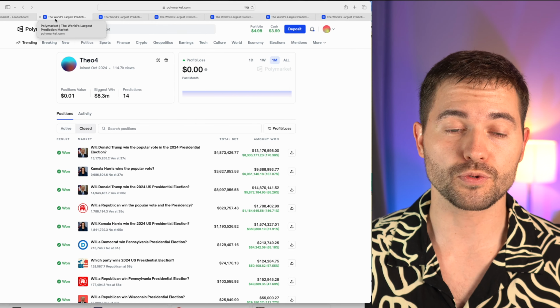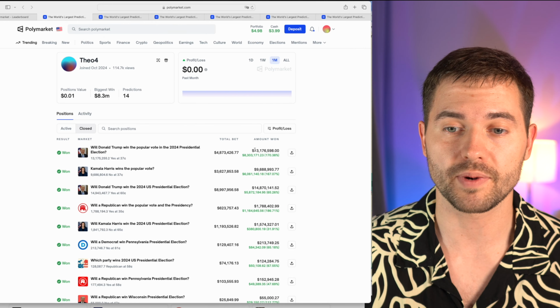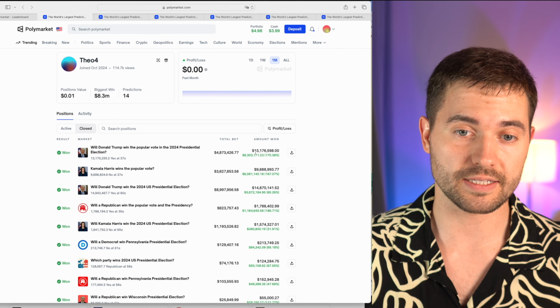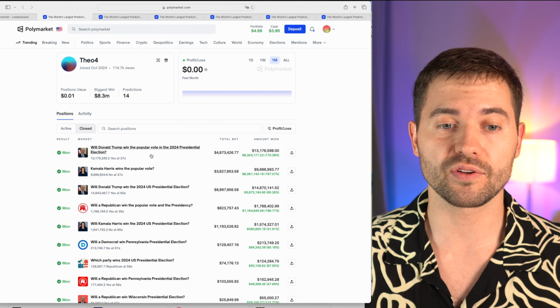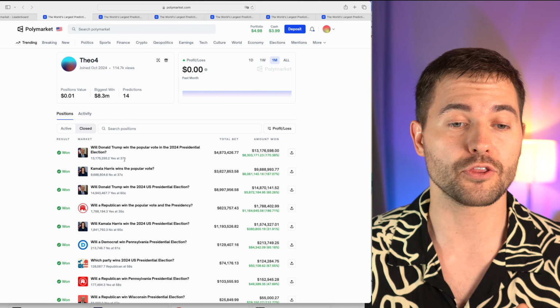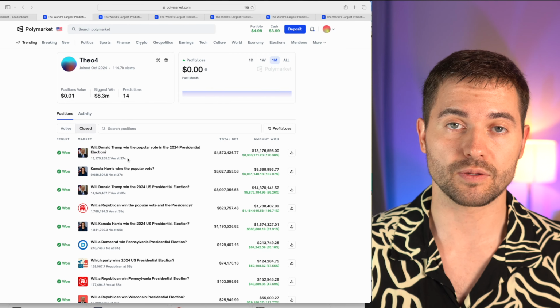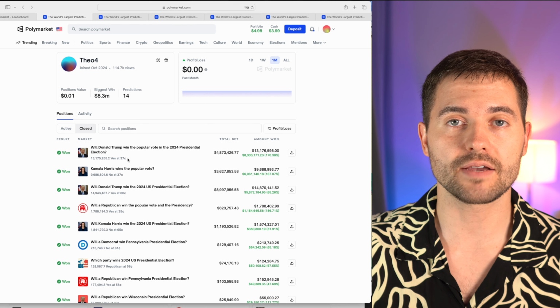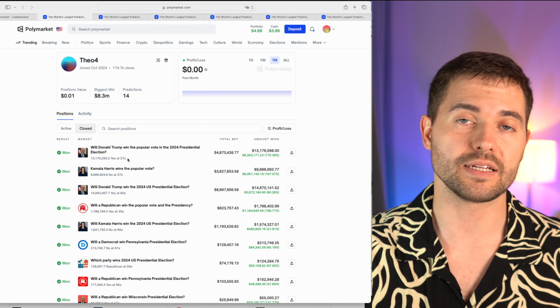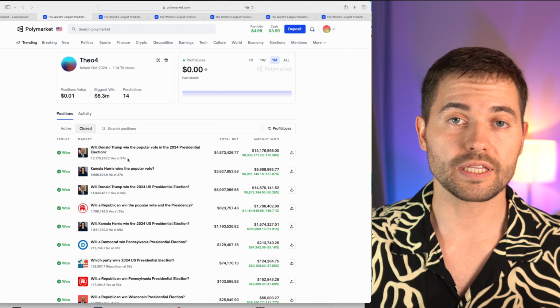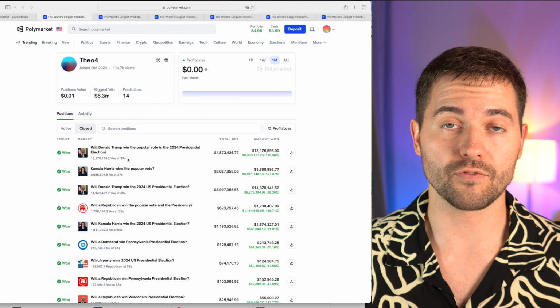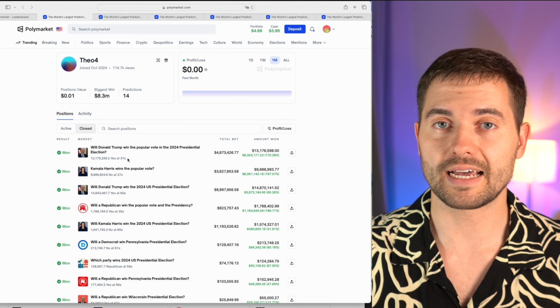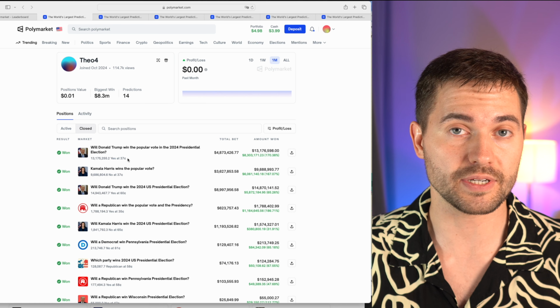If we look at the first one, we can see that they made most of their money on the presidential election last year. They were betting on the popular vote, and they bought yes at 37 cents, which means that when they opened that market, it was saying there is a 37% chance that the current president will win the popular vote. You can see that the majority of people are voting for Kamala, and it's not a small gap, it's 63%.